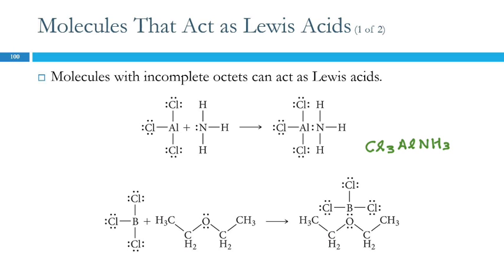There's no water involved. This is an organic compound. This is an ether, diethyl ether. The oxygen here has 2 lone pairs. Here's boron trichloride. Boron has an incomplete octet. Oxygen can donate electron pair to the boron, and now boron's extra happy.